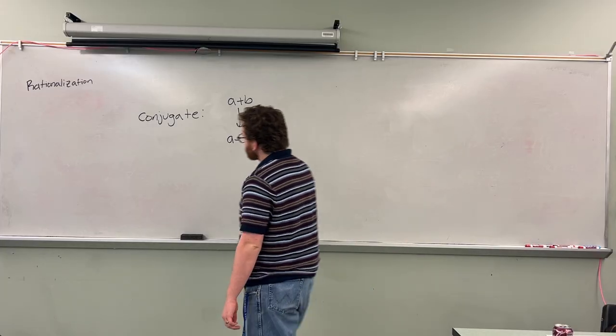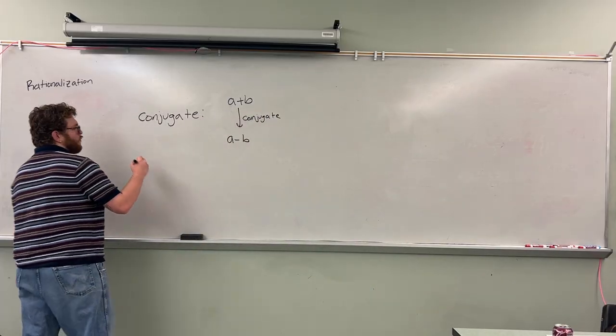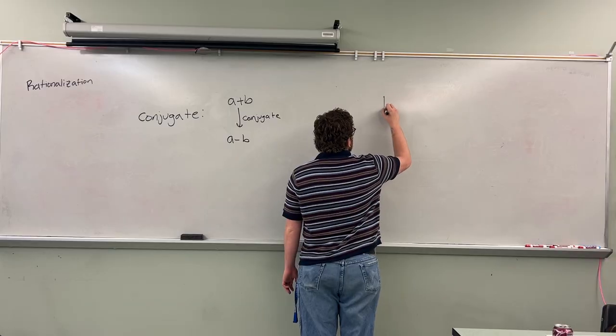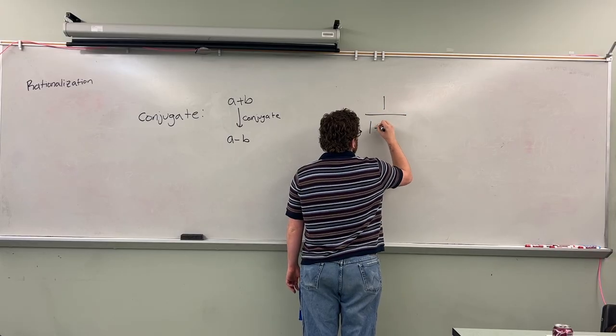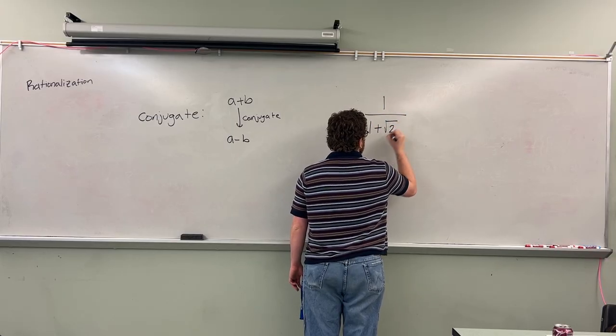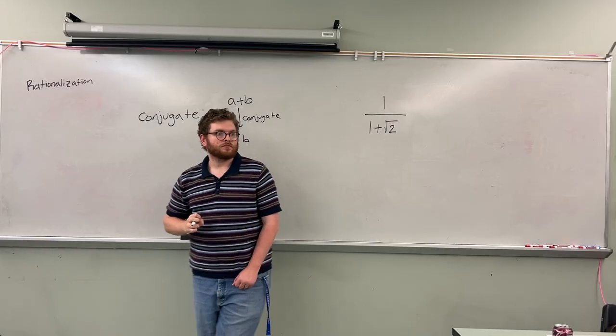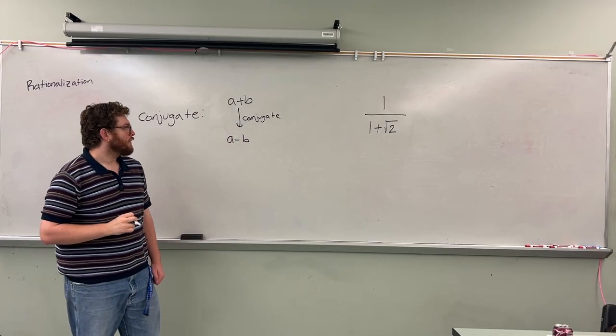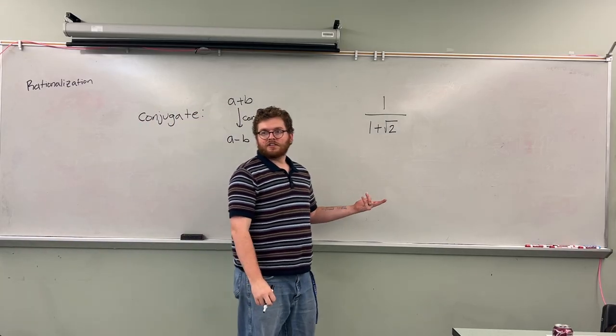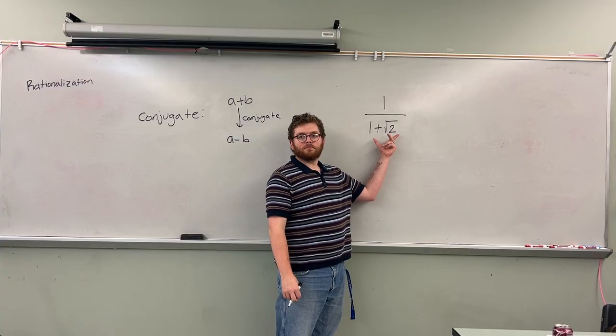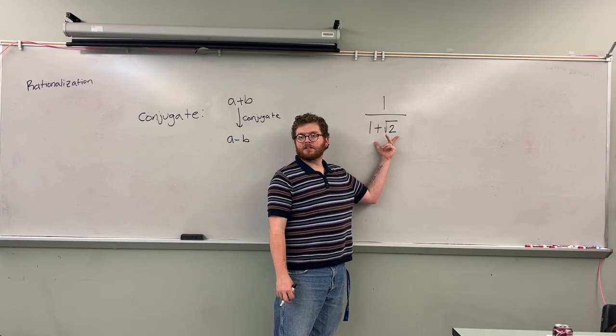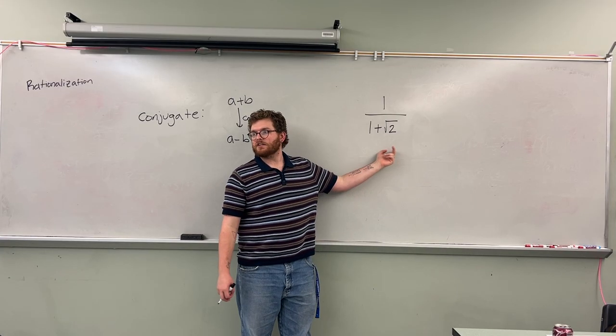Well, take for instance, I'm working with the problem 1 over 1 plus the square root of 2. Now, when we were rationalizing denominators, we just multiplied by what was on the denominator. But that here isn't going to cancel anything out.